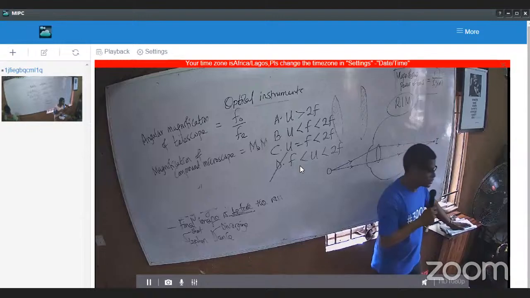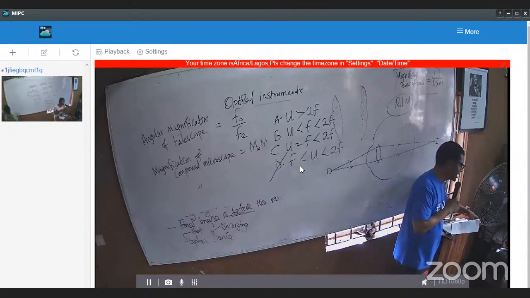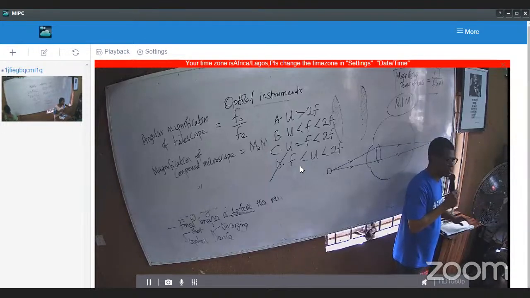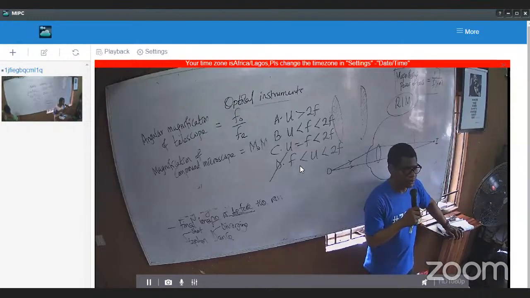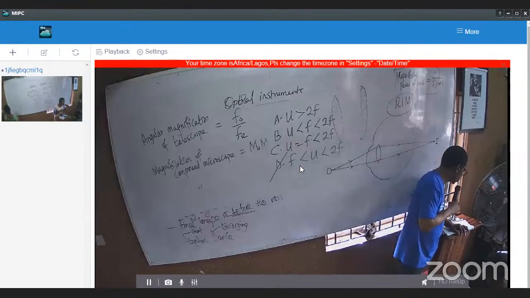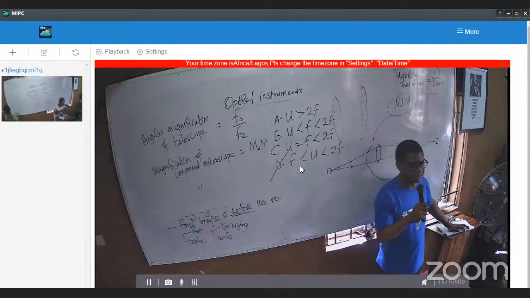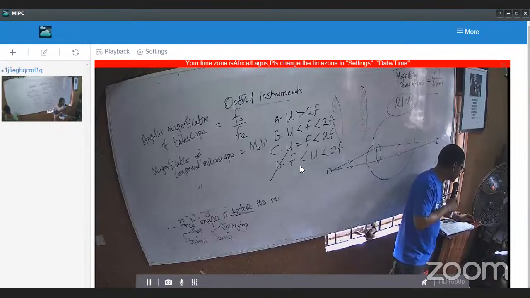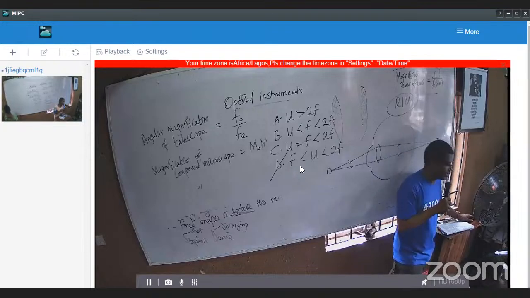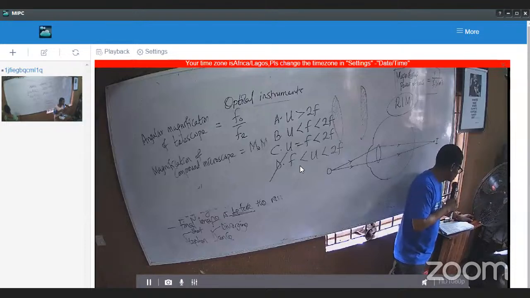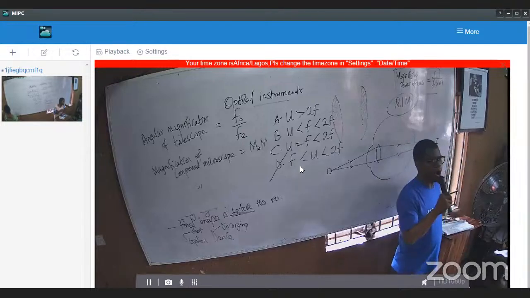Right, next one. Which of the following relations about the focal length F naught of the objective lens and focal length FE of the eyepiece of a compound microscope is correct?